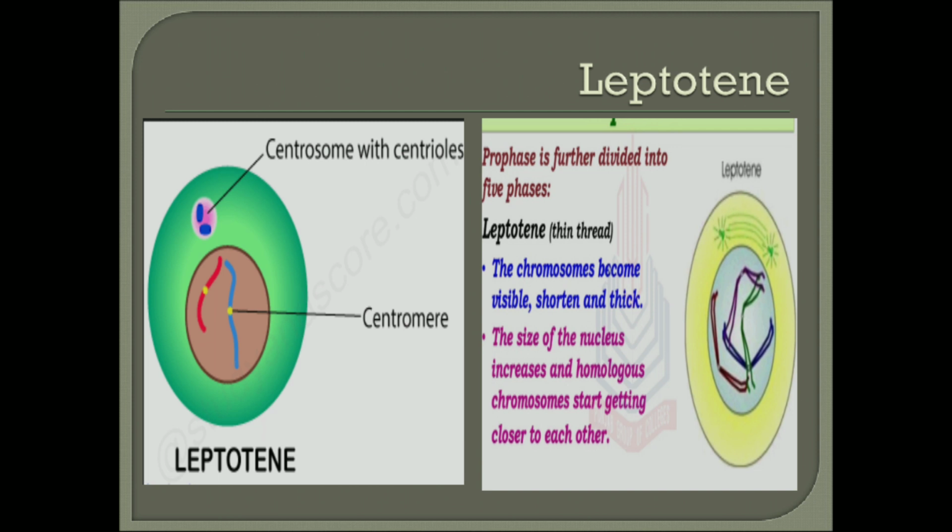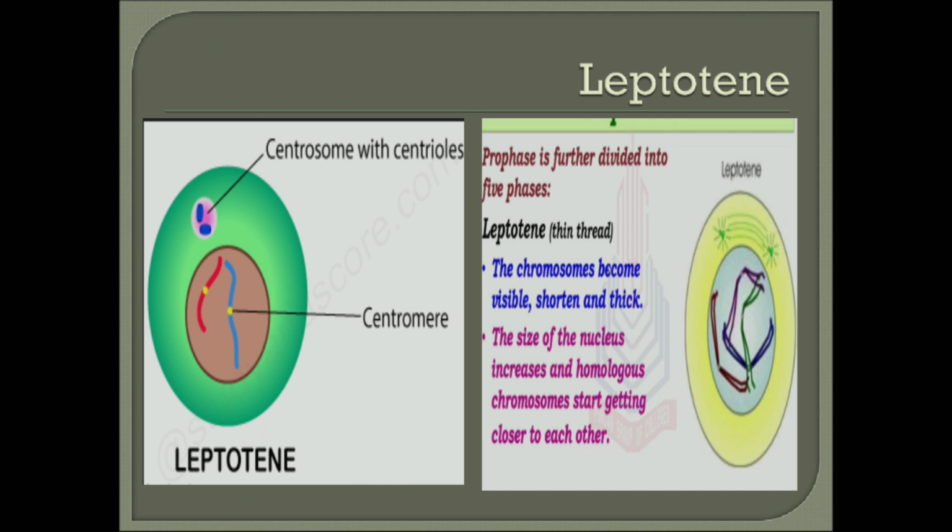Leptotene is a subphase of meiosis first, or prophase first. In leptotene, the chromosomes become thread-like structures and begin to condense. Leptotene means thin thread-like.